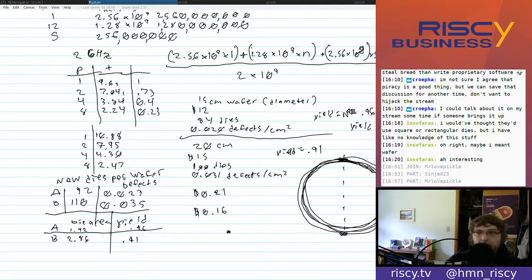So I don't know what to make of that. The fact that it says improves the yield from 0.92 to 0.95, like they could be talking about the yield of the second one because we calculated that to be 0.91. So maybe they just rounded it differently.